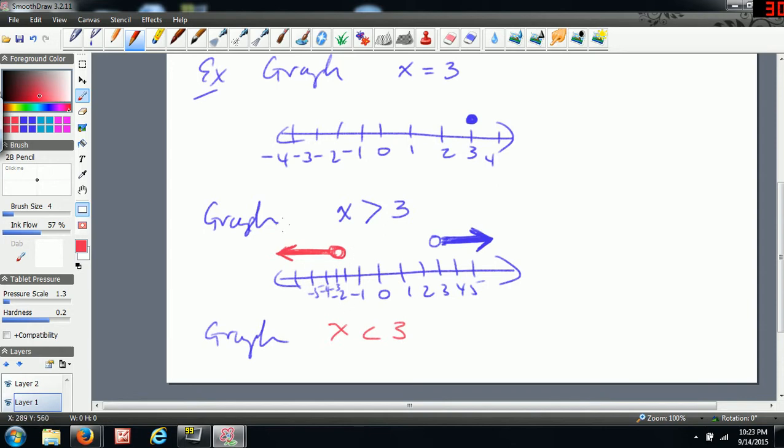Oh, that's -3, sorry. It's going to be +3. You're still at +3. So x is less than 3 would be one open circle here, and then everything shaded moving this way. Like that. So that's x is less than 3.